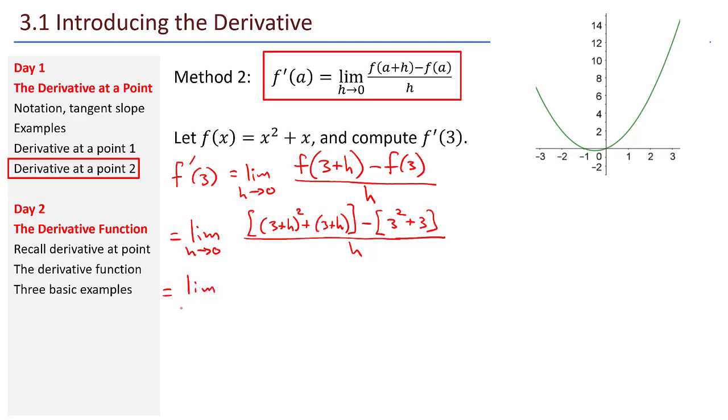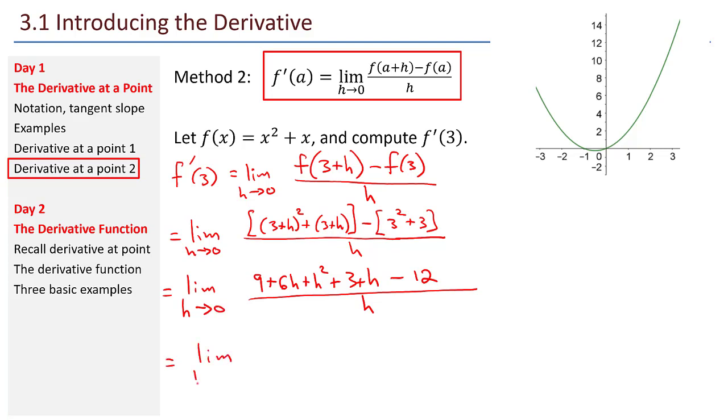Alright, I'll keep writing limit. I'm not actually taking the limit, I'm just simplifying that fraction. Let's expand the numerator. We get 9 plus 6h plus h squared, just using FOIL on that square, plus 3 plus h. Now I will add 3 squared plus 3 to get 12 and subtract the 12.